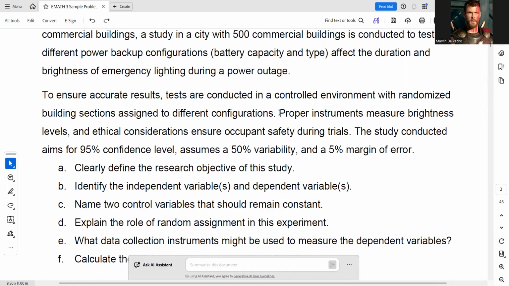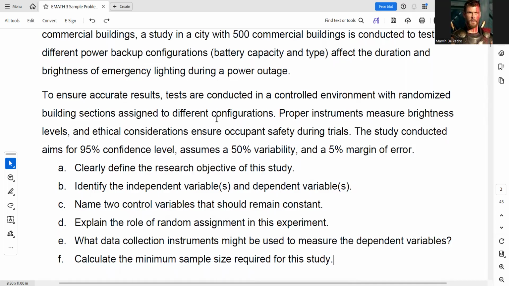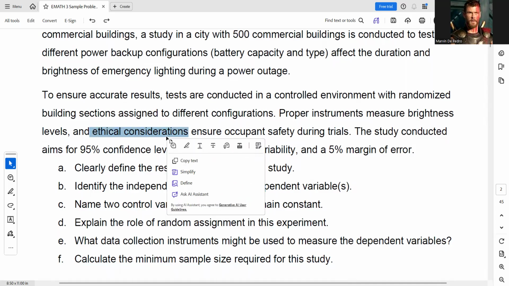Okay, and since we have human respondents in our experiment, we have to make sure we are considering and abiding by ethical considerations.